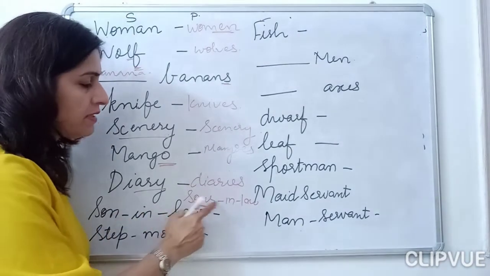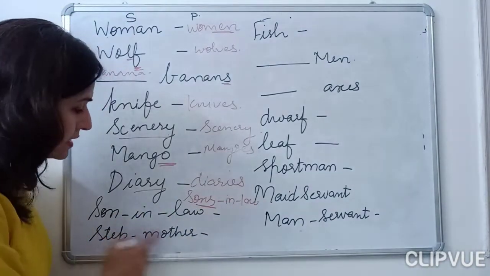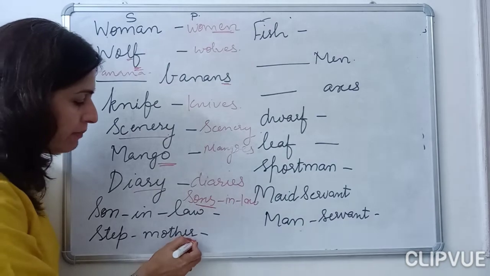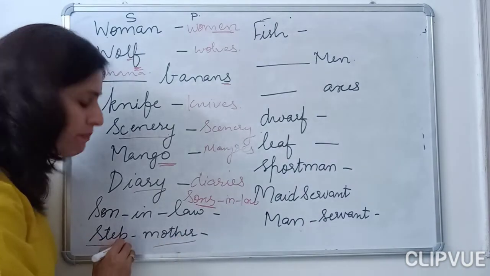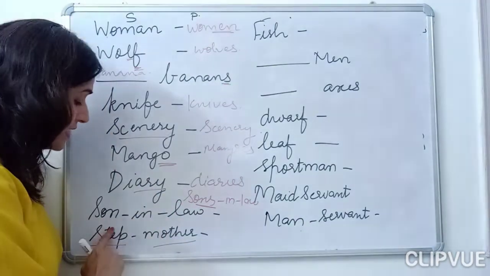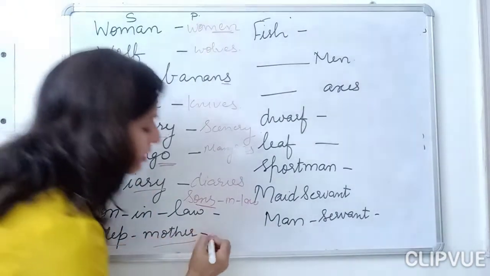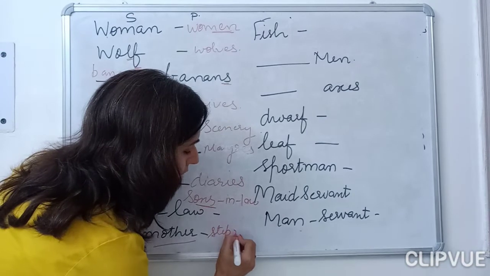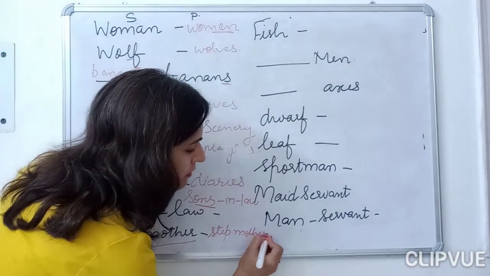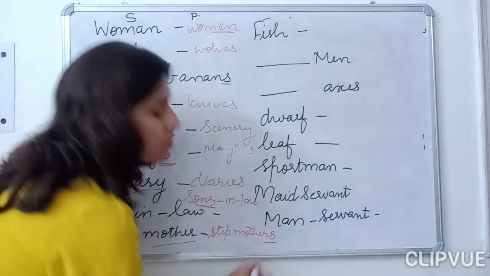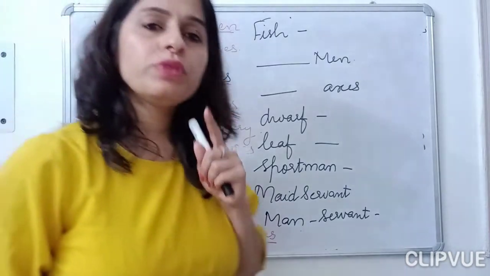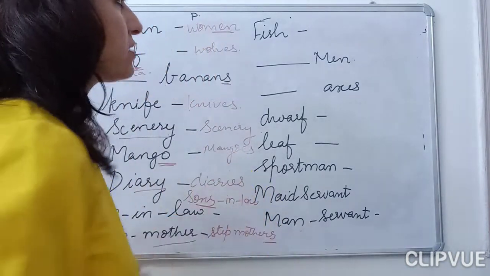So it will be sons-in-law. Stepmother, children. Here mother is my noun and step is the adjective. As I said, adjectives do not turn into plural. So it will be stepmothers. We change singular to plural for the nouns, not for the adjective.